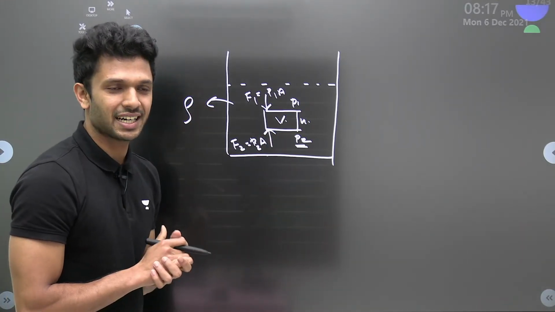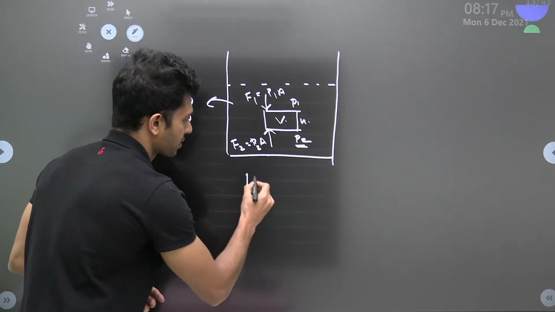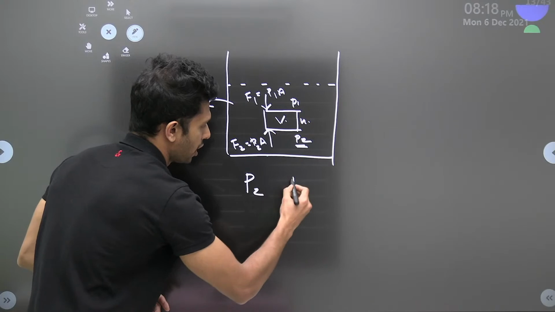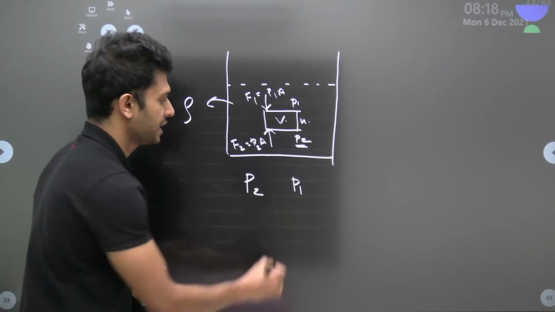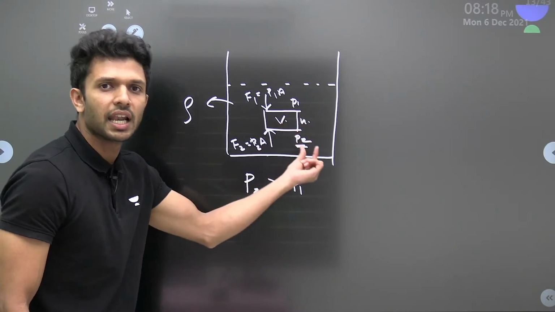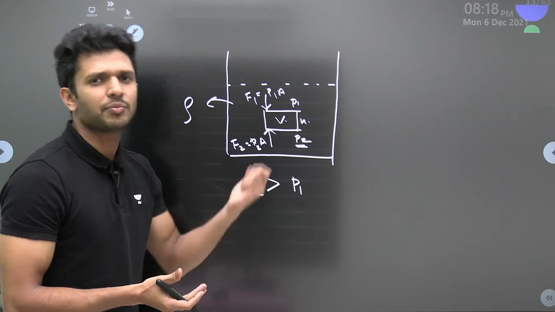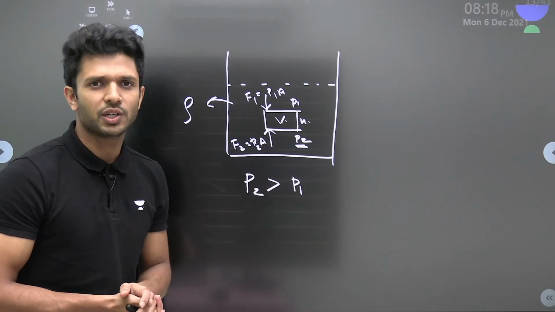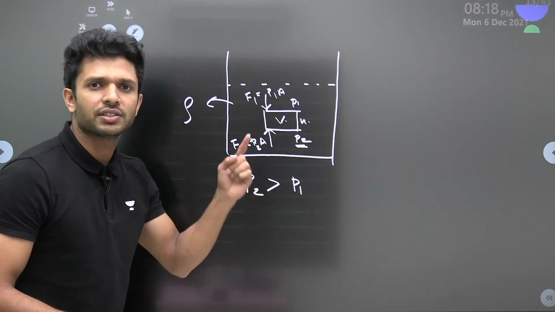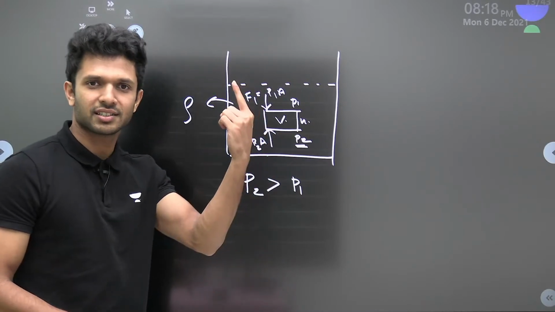Now tell me, which pressure is greater, P1 or P2? Simple, P2. Because P2 is at a larger depth. Any point at a larger depth in a fluid will have more pressure. We know that as we move down, pressure increases.